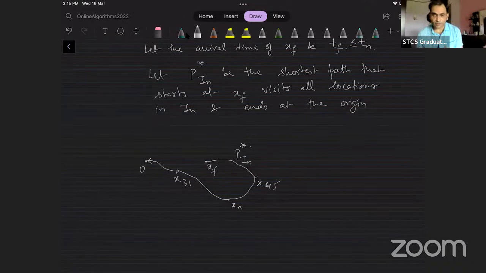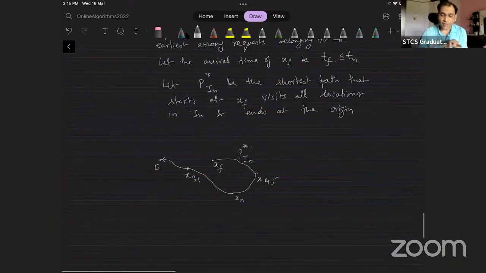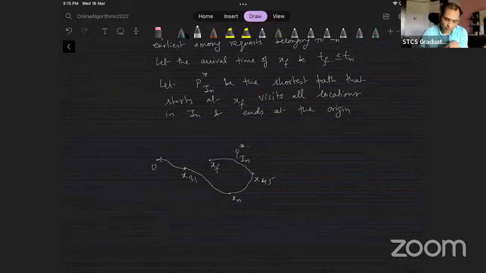Only considers these nodes, doesn't look at anything outside. All right. So this is a standalone quantity. OPT doesn't have to do this. XF is defined with respect to OPT. But PIN star is not defined by what OPT is doing. PIN star is an optimal path of the shortest length which starts at XF, covers all other requests belonging to IN and ends at the origin.